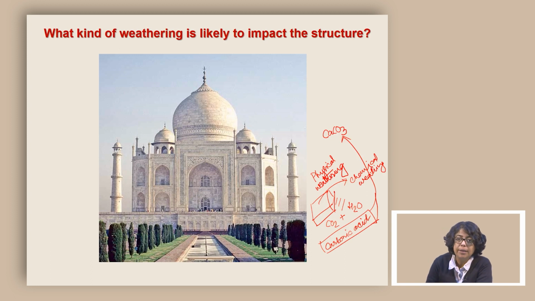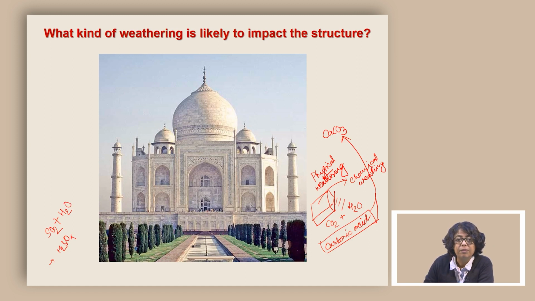On top of that, there are factories near the Taj Mahal, and many of these factories, because of the nature of the product, also emit sulfur dioxide. Sulfur dioxide, when mixed with water, creates sulfuric acid, which is a much stronger acid.